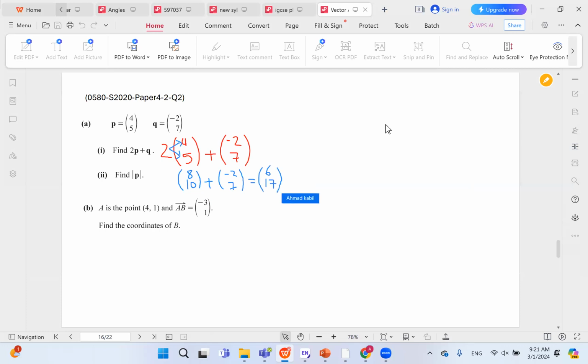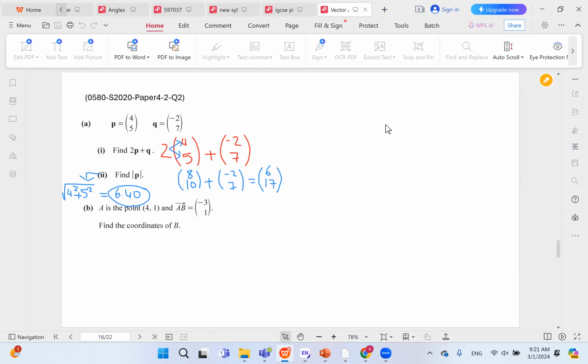So this would be the answer to I. For II, we simply find the Pythagorean of P, so that would be root of 4 squared plus 5 squared, and we can evaluate on the calculator. Root of 4 squared plus 5 squared is approximately 6.40. That would be the answer to II.